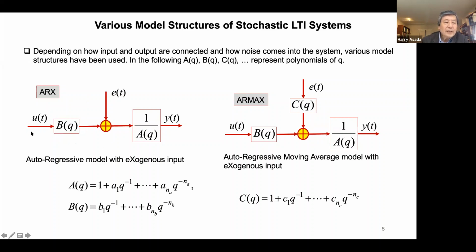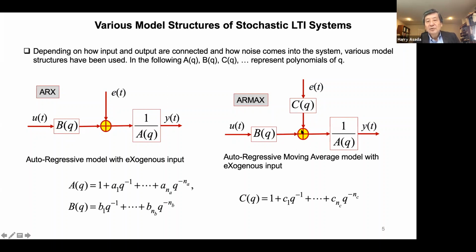So for the path of the dynamics, first going through B(q), and then 1 over A(q), and then output. The noise channel comes in here, and e(t) is basically white noise, okay, uncorrelated. Now, the ARMAX model, the autoregressive moving average model with exogenous input, having this structure, is very commonly used.